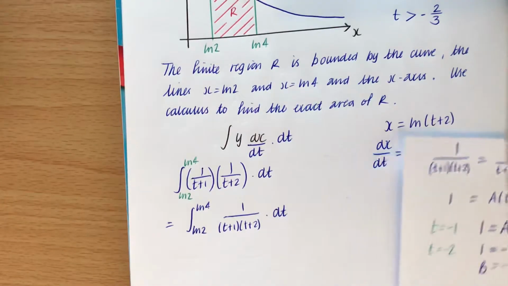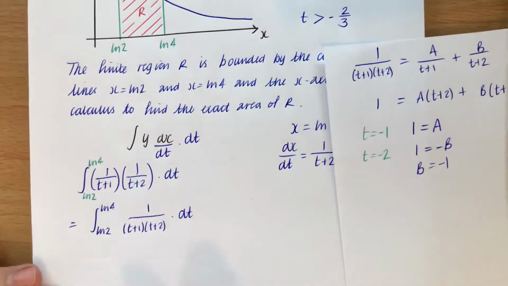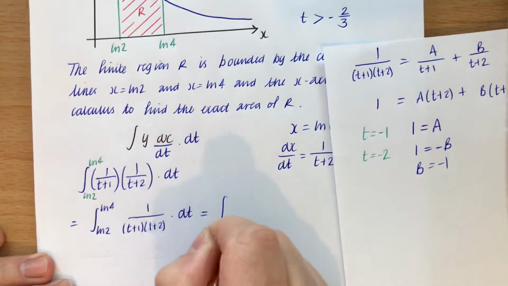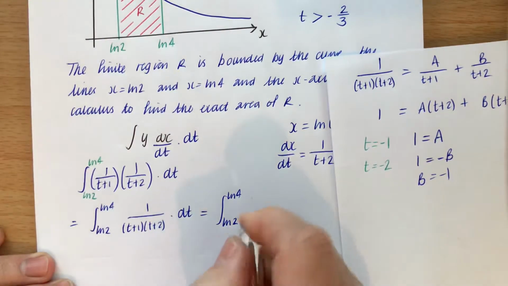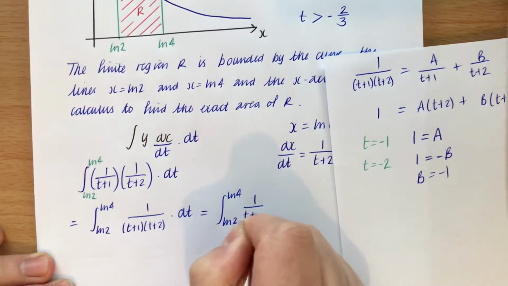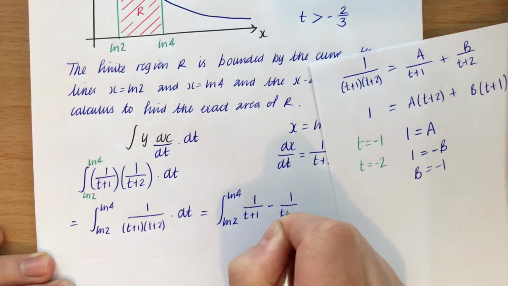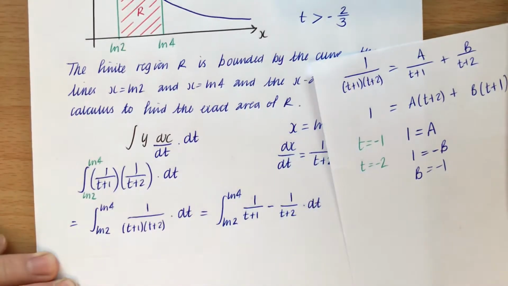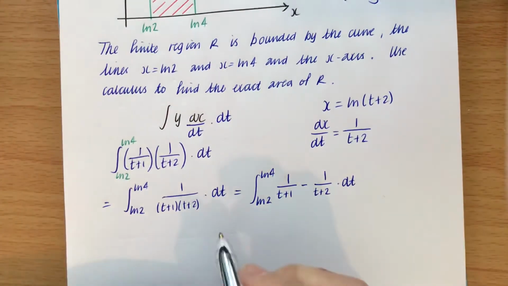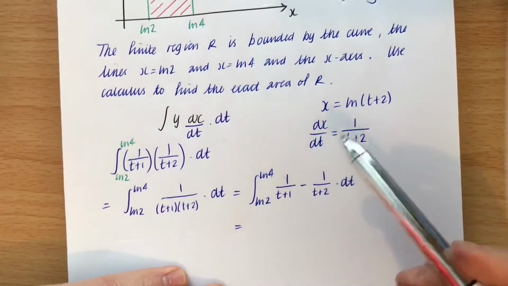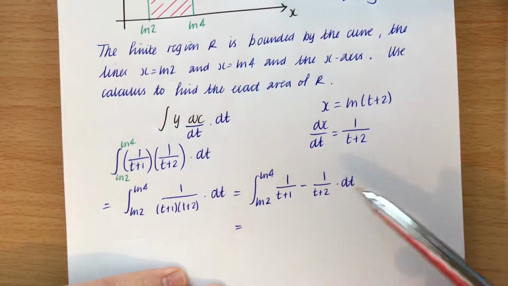So going back to what we had before, I have the integral from log 2 to log 4 of 1 over t plus 1 minus 1 over t plus 2 dt. These are both exact logarithms. t plus 1 differentiates to 1, t plus 2 differentiates to 1.